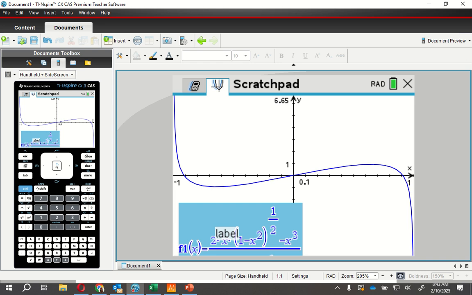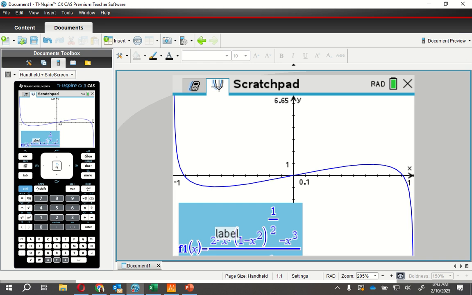Now, guess what this number is right in between, the negative 1 right here, where it's crossing the x-axis. Guess what that is? Right. Square root 2 over 3, right? Yeah, that's my negative square root of 2 over 3. Okay, so I found that point.